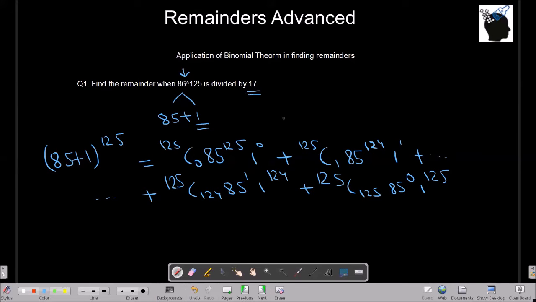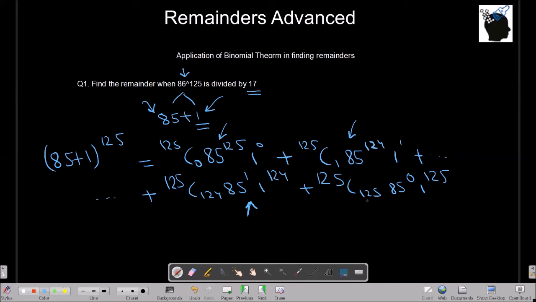We were trying to find remainder of a number by 17, and we broke down the number into two parts, which is 85 plus 1, such that one part is a multiple of 17 and is very close to 86, and the other part is a very small number. Now if you notice, all of these terms have some power of 85.